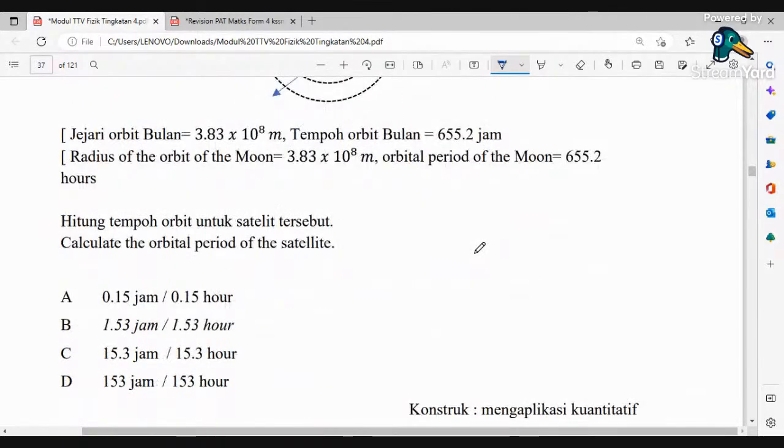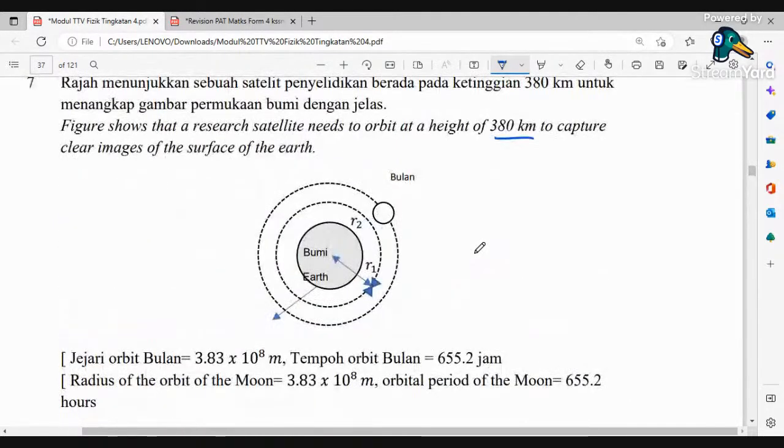Okay, what formula should we use? As you can see from here, given is only R and T. So if it is R and T, then we can use Kepler's third law. The square of the period is directly proportional to the cube of the radius of the orbit.